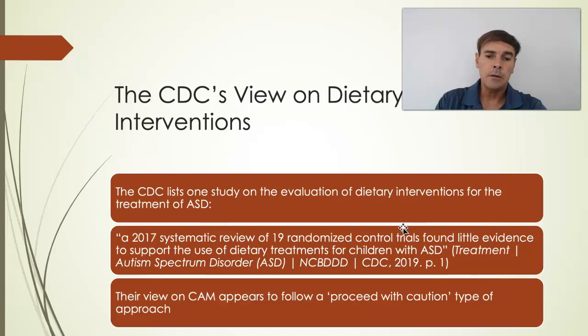So they list only one study when I cited the source at this time, although that was a systematic review, so it included 19 RCTs, randomized control trials. And this is where the somewhat pessimistic viewpoint comes in, that they found little evidence to support the use of dietary treatments of children with autism.